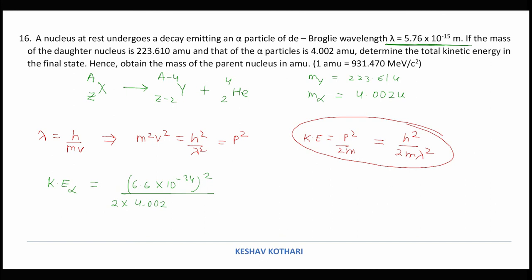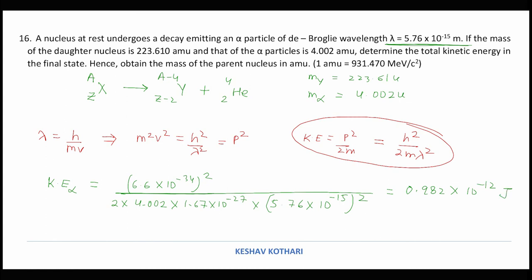So convert it into kg, so 1.67 into 10 to the power minus 27 kg. And then there is lambda square, so for lambda square we are putting 5.76 into 10 to the power minus 15 whole square. So this is the number we divide with to obtain the kinetic energy for alpha particle. On solving, we obtain this value equal to 0.982 into 10 to the power minus 12.